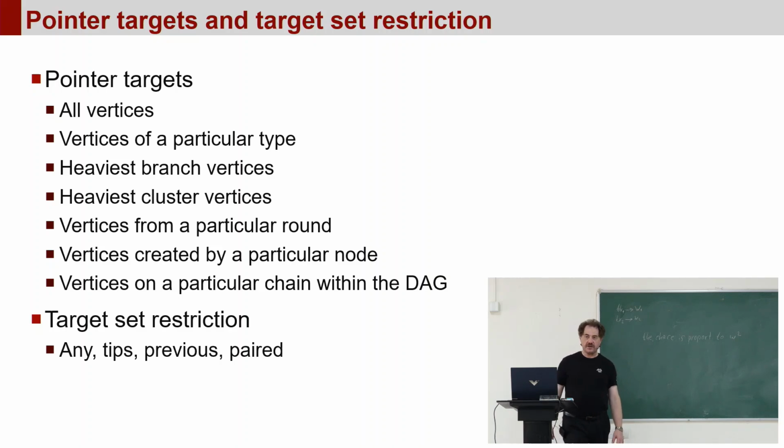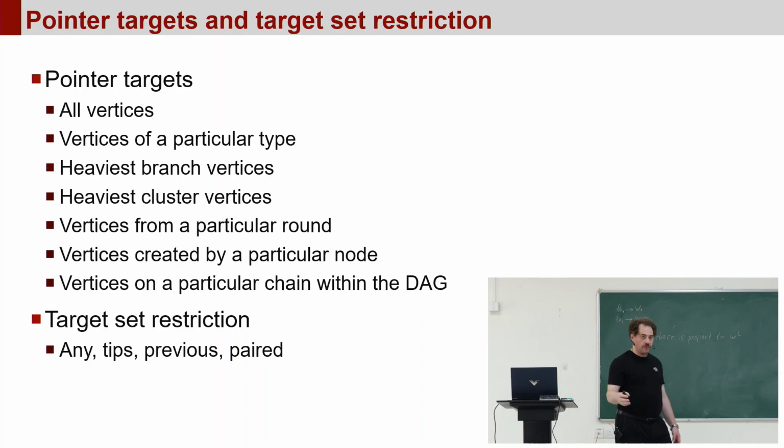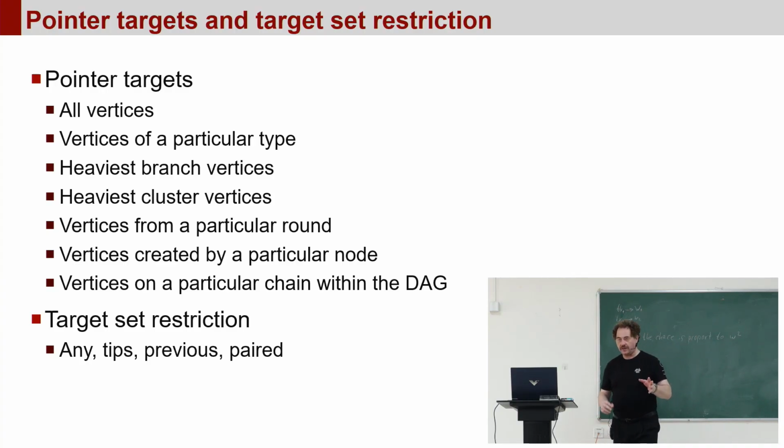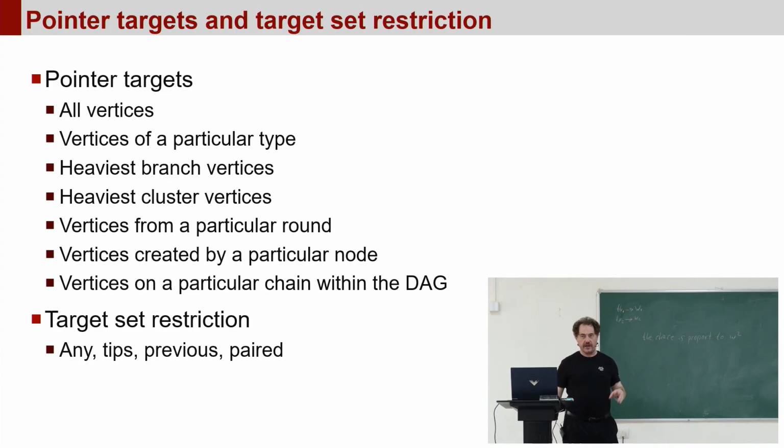In some systems, we compute clusters of vertices and pick the heaviest clusters. Some systems operate by round, and there are vertices created at each round, right? Like classical BFT protocols, they have rounds, and for each round there are new vertices, and we select vertices of a particular round. Sometimes it could be vertices created by a particular node, and there are other cases.